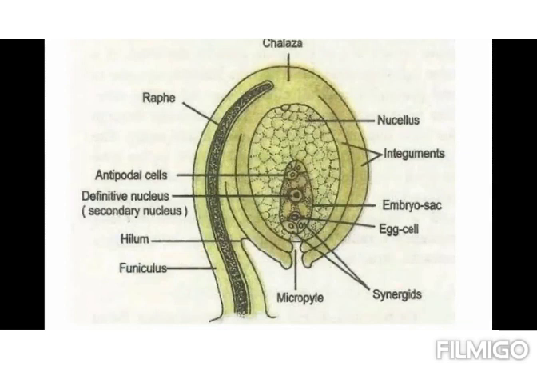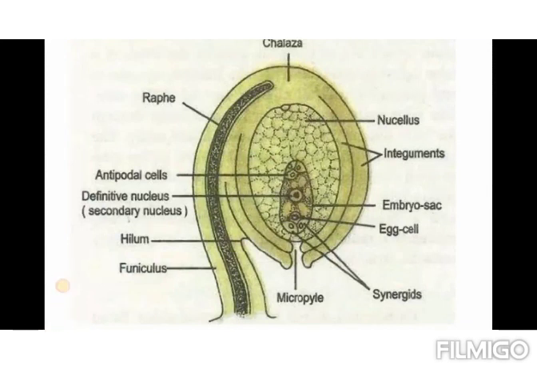Outermost you can see two integuments are there, and the function of the integuments is protective. These integuments can be one also, it can be two also.